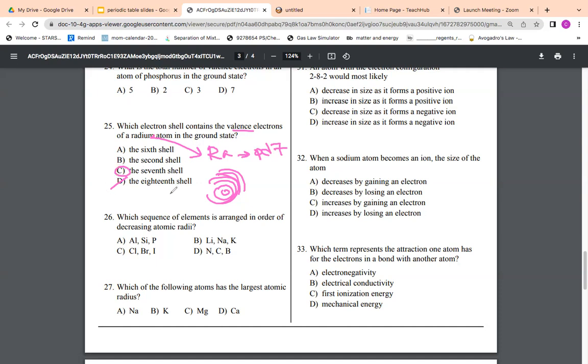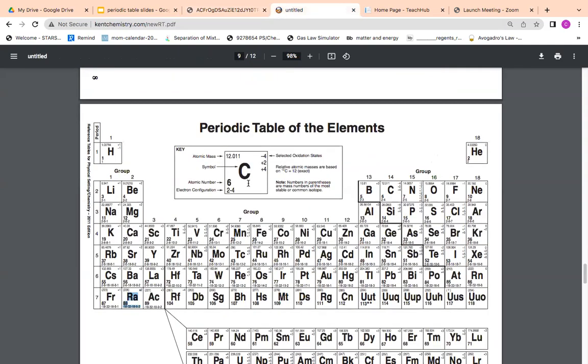Number 26, which sequence of elements is arranged in order of decreasing atomic radii? They're asking where it is getting smaller. Let's look at choice 1. In choice A, we're looking at aluminum, silicon, and phosphorus.